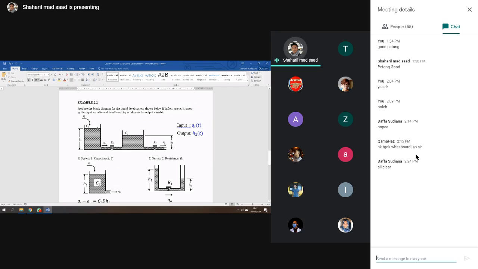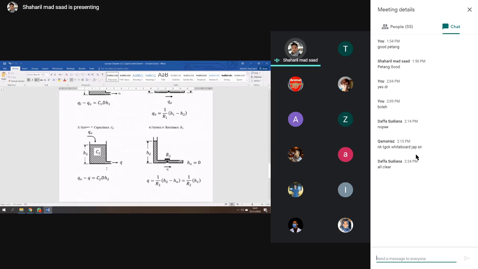Okay, so right now you will have the input going to the capacitance first. Alright, and then after that we go to the resistance. Done. And then after that we go to the capacitance. Done. And then after that we go to the resistance number 2.